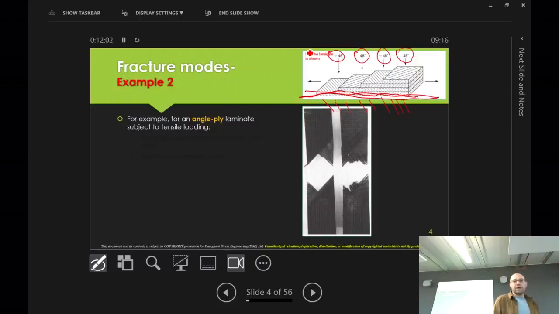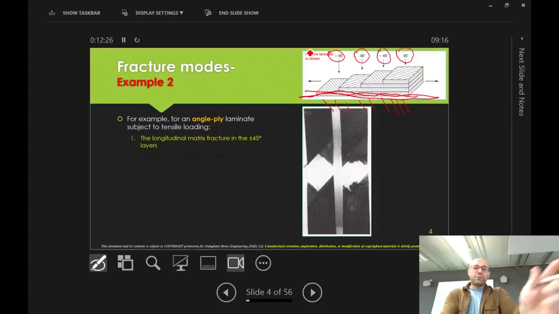Angle-ply. So in this case, angle plies are really good for reducing stress concentration factors. These 45-degree plies are really good to reduce, 1, delamination, 2, stress concentration. That's why we use them quite a lot, not in the form of angle ply, but in the form of quasi-isotropic stacking sequence.